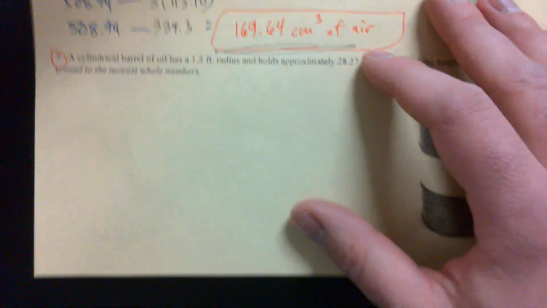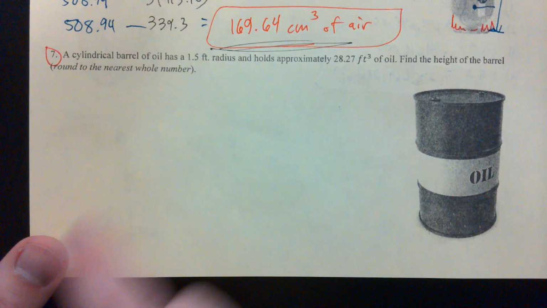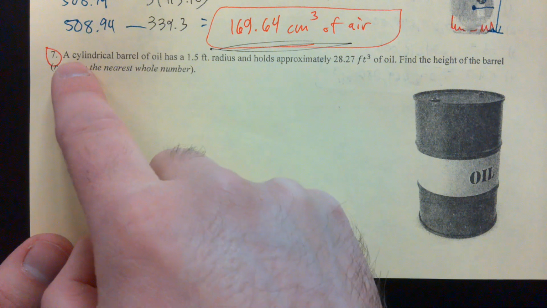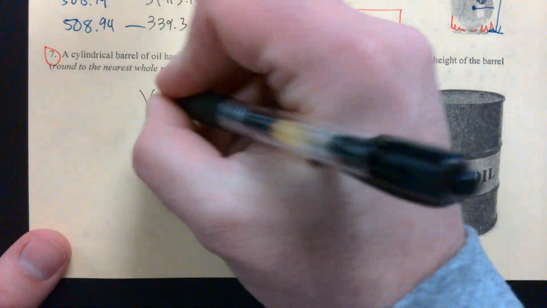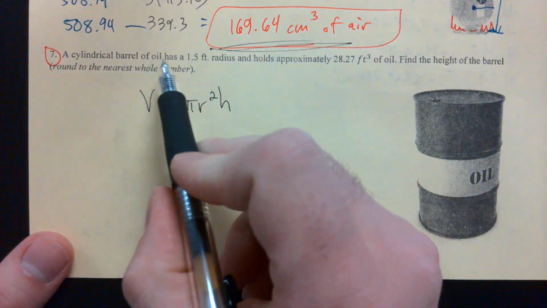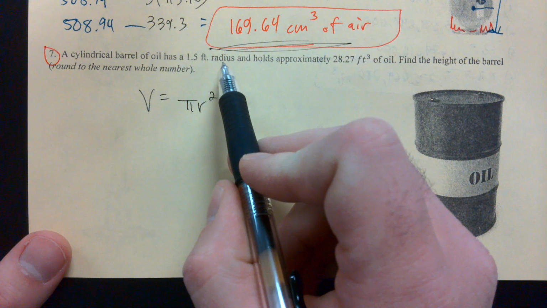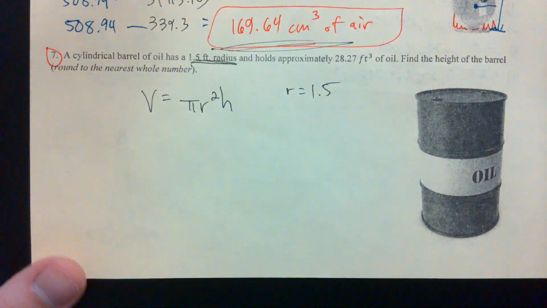Now, number 7 was also a little bit tricky. Let's think about the information that we have here and see if we can work our way around it. A cylindrical barrel of oil. All right, if we're working with a cylinder, I already know, here's my formula. Has a 1.5 foot radius. Okay, boom. Radius is 1.5.